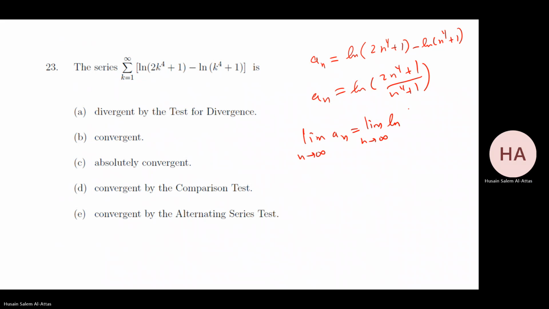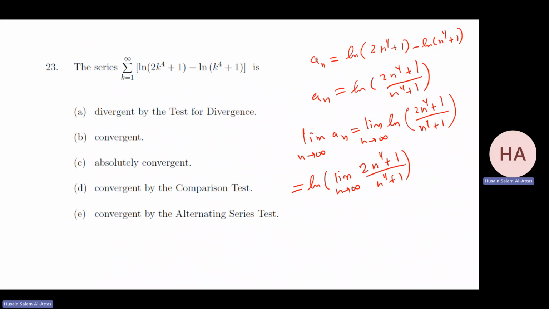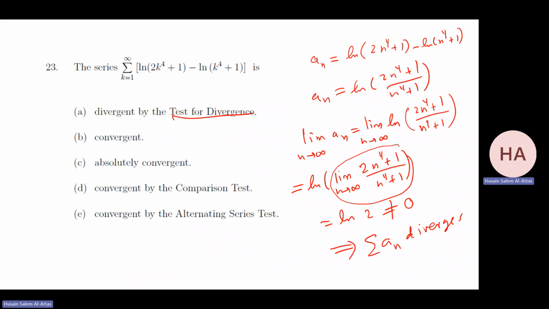Since ln is a continuous function, I can take the limit inside. I'm doing it in details. If you want to solve it, no need to do all of this. That will be ln of this limit, which is 2. So the limit of a_n is not equal to 0. So this series diverges by the test for divergence.